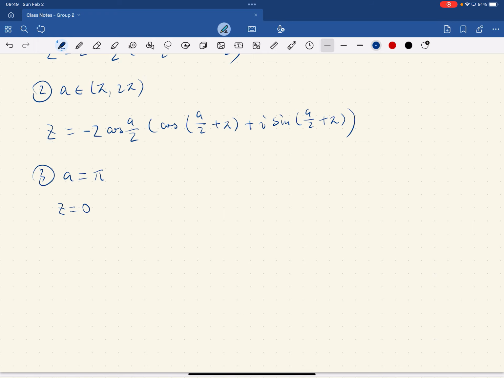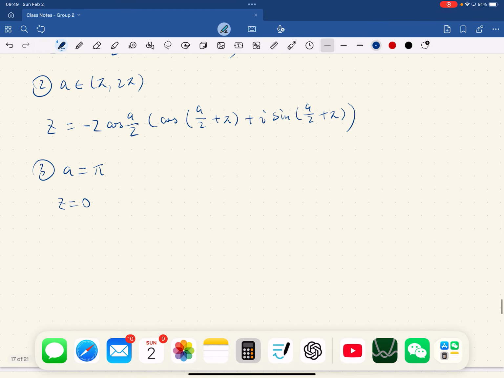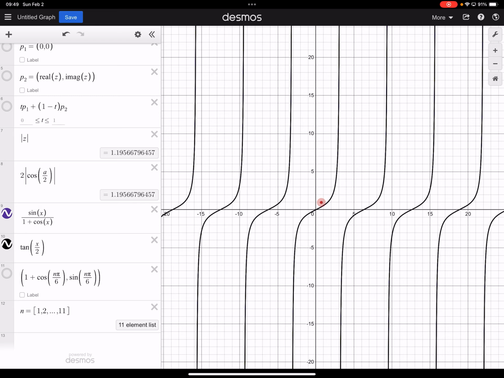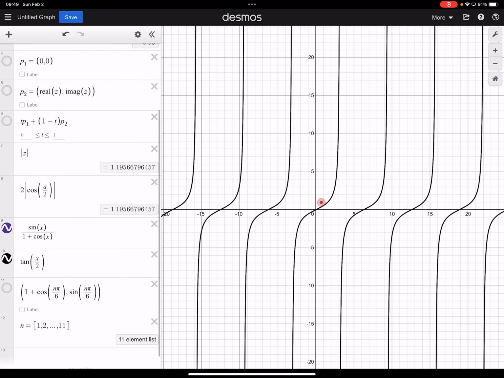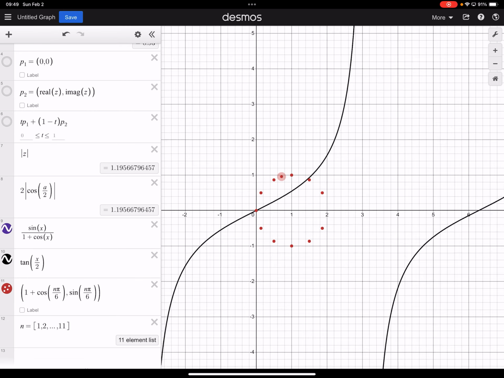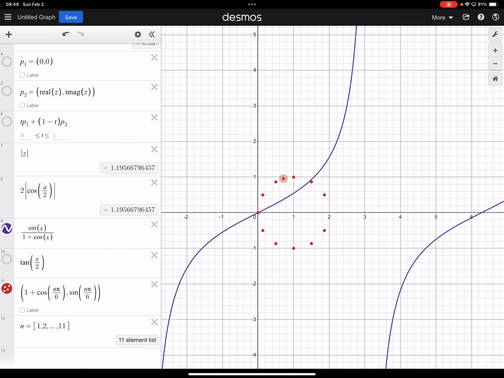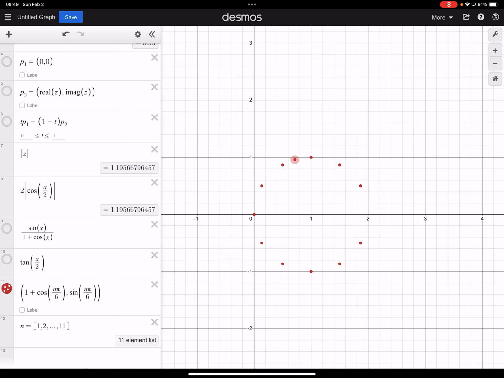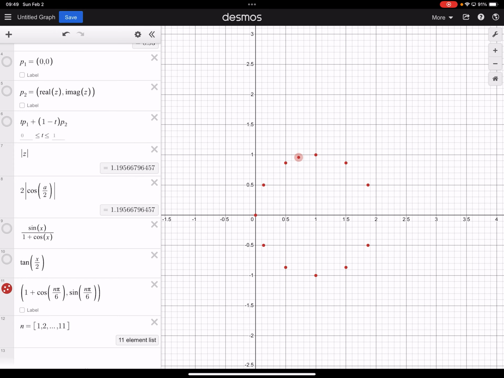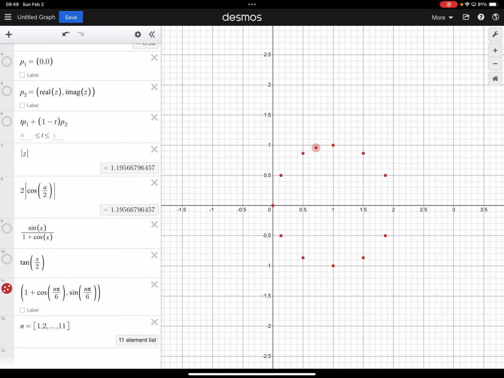As we've seen in Desmos, this whole thing is located on a circle. It's all a circle. And we can see clearly that 0 is on it, and this is the point we can't represent with the trig representation.